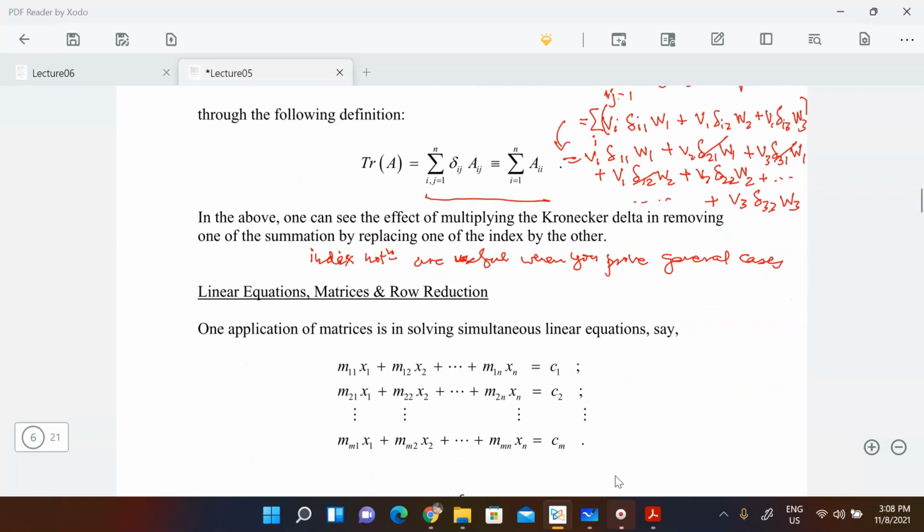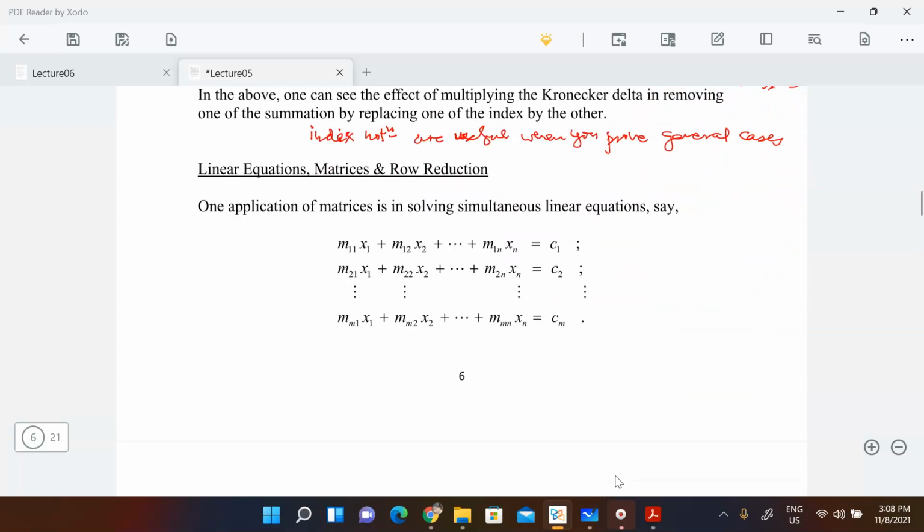So the next thing that we do in this lecture is to look at linear equations. Again, you can see that there is something fixed in this set of linear equations. What are the fixed things over here?